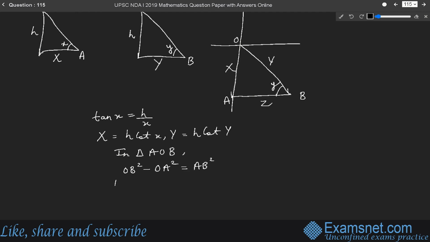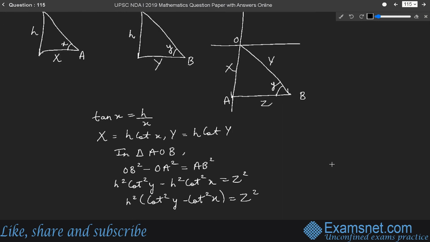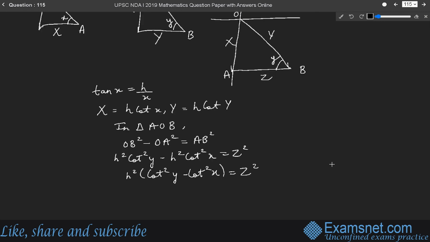Now putting the values we will get h square cot square y minus h square cot square x is equal to z square, which will be equal to h square into cot square y minus cot square x is equal to z square. So the correct option among all the options is option number A. I hope this question is clear to you. There was nothing difficult in this question. You just have to understand the angle of elevation by forming it, and then you have to solve it.